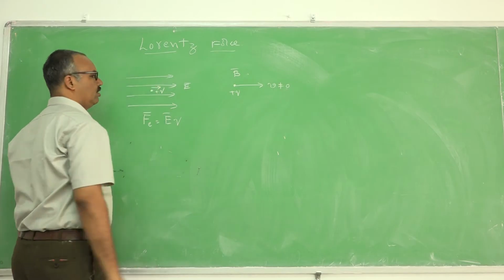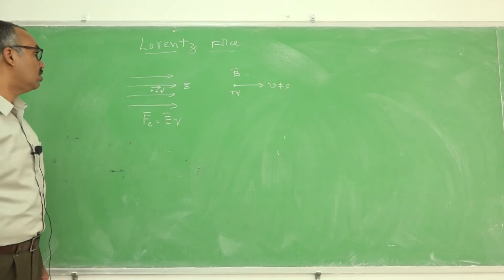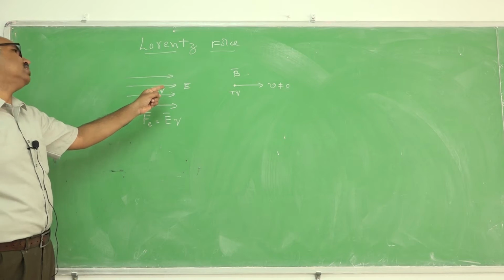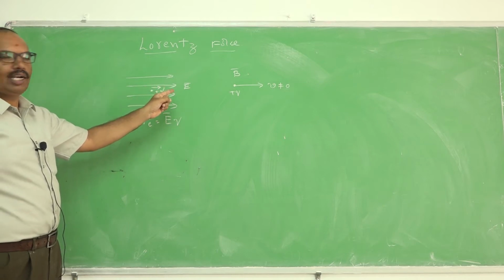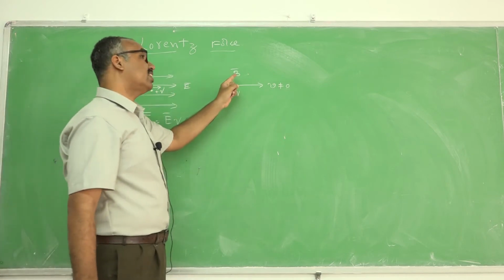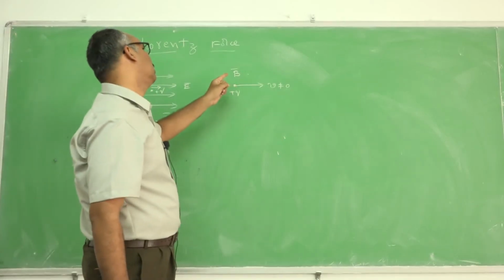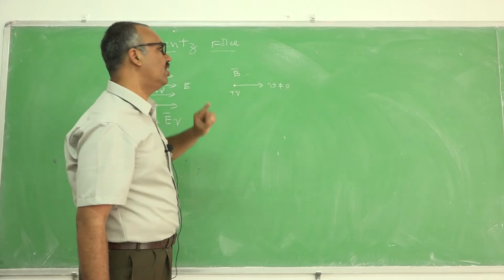A charge at rest experiences force in an electric field. Even a charge under motion experiences force in an electric field. But a charge at rest doesn't experience any force when it is kept in an external magnetic field.